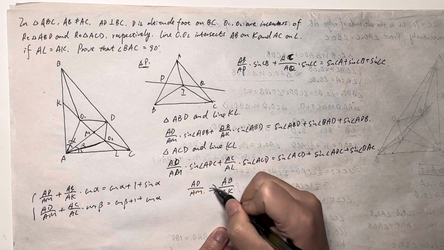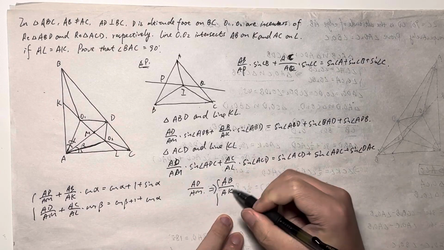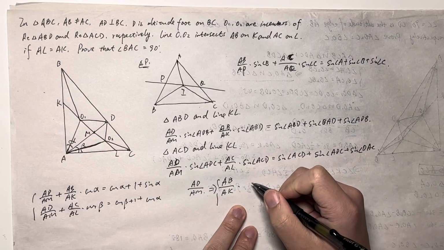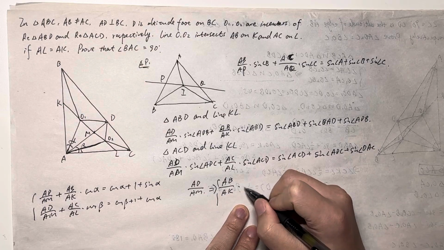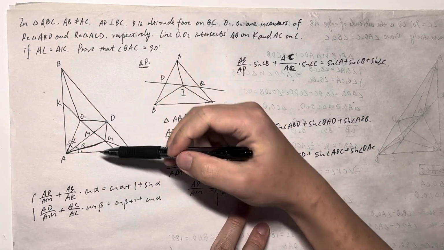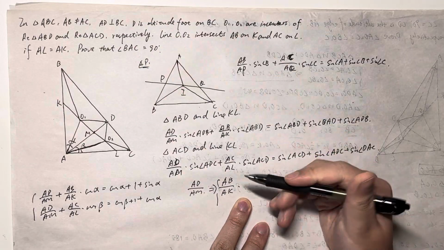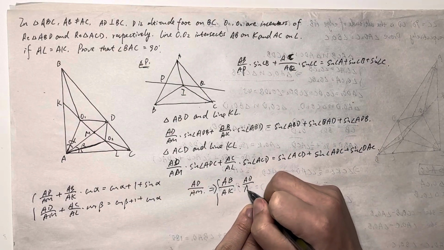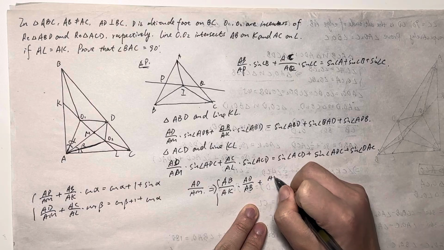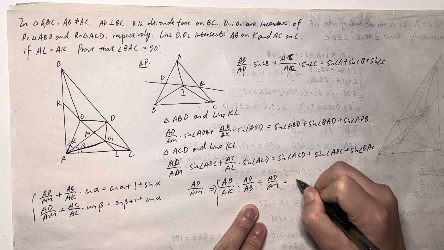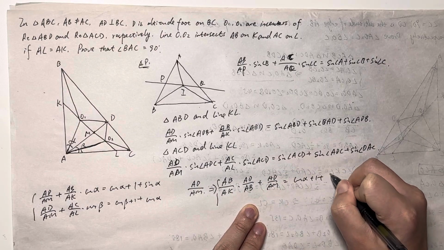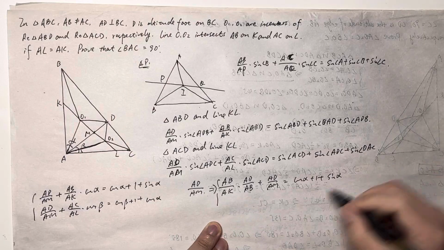From these two, we got AB to AK times cosine alpha. Cosine alpha is AD to AB, right? AD to AB plus AD to AM equals cosine alpha plus 1 plus sine alpha, right?